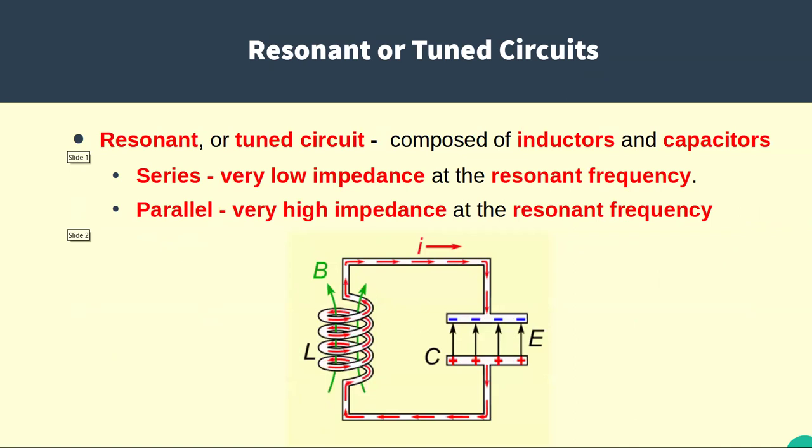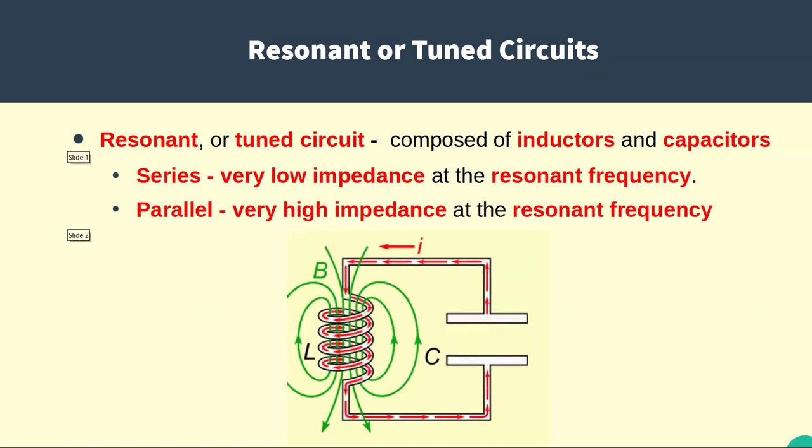This is just an animation showing, in a resonant circuit, what's happening: you're storing energy in the magnetic field of the inductor up until the point where the current stops and that field starts to collapse.